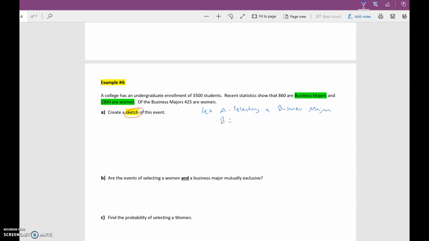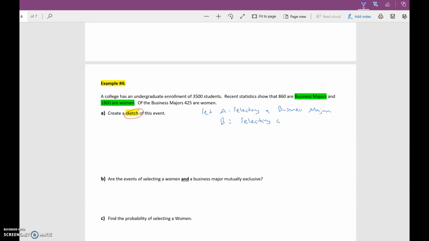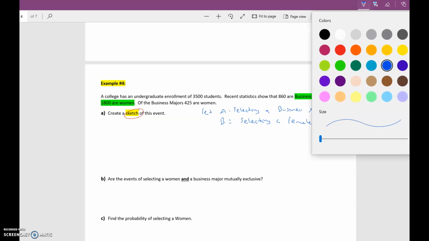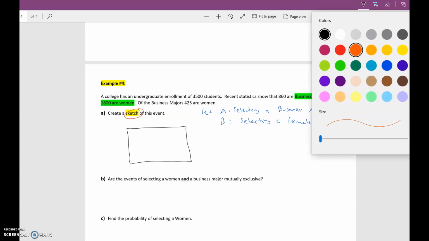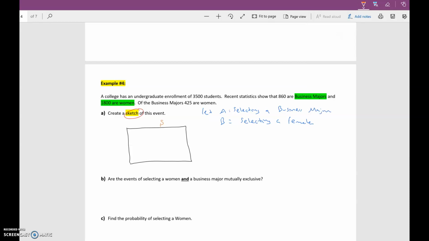And then B is equal to, in this case, selecting a female. Okay, so let's talk about the actual sample space. The sample space is going to be, in this case, this square. And I'm just going to call the total S, equal to the total number of students.